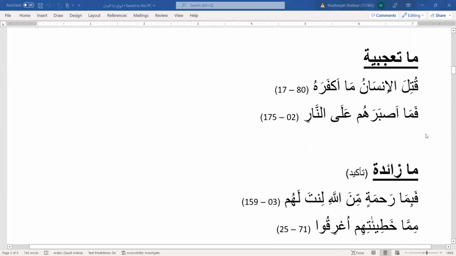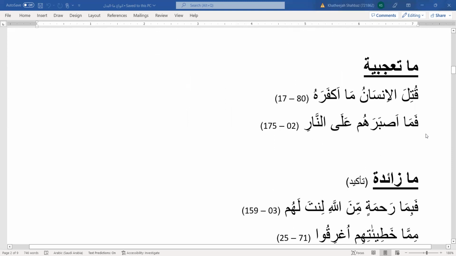Okay, next one is ma ta'ajjubiyya, and this is used to describe amazement. For example, qutila al-insanu ma akfara. It comes with ma af'ala pattern. May the human be killed. How unthankful he is.